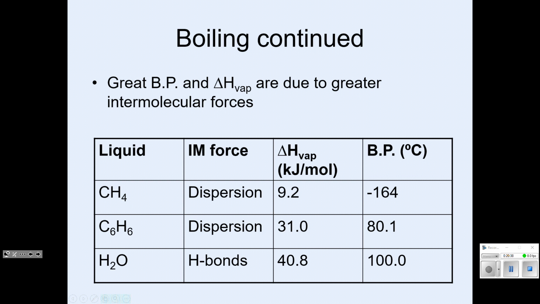Notice how benzene has a higher kilojoules per mole than methane. Larger nonpolars have more dispersion forces holding them together. And then the last column, boiling point, will show the exact same thing. Again, I warn you that there could be some nonpolars that would exceed water's boiling point, but they'd have to be massive, really big nonpolars.